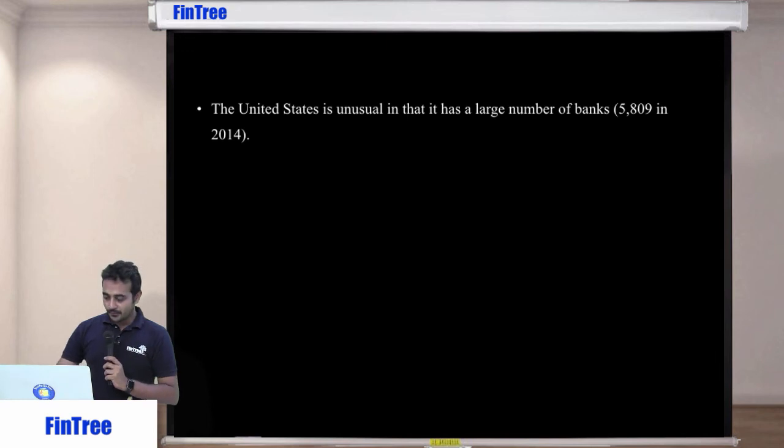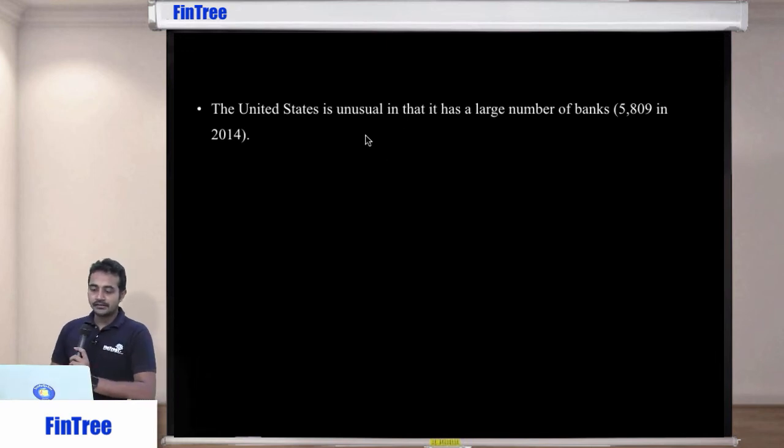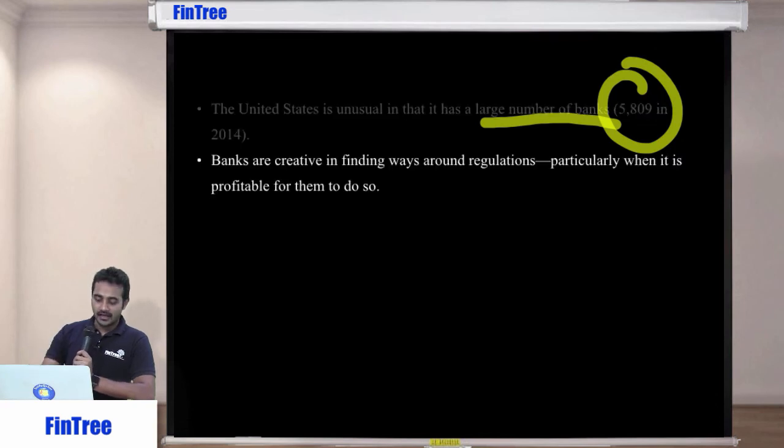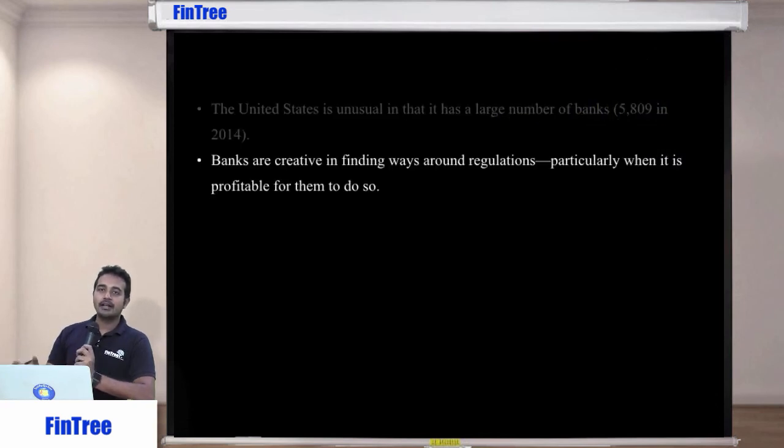In the US, it is unusual in that it has a large number of banks, 5,809 in 2014. I think even in India we'd have a large number of banks if you include the cooperative banks. Every lane you would find one cooperative bank in business.